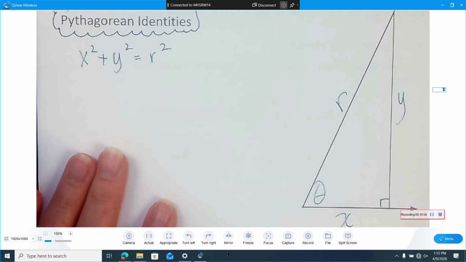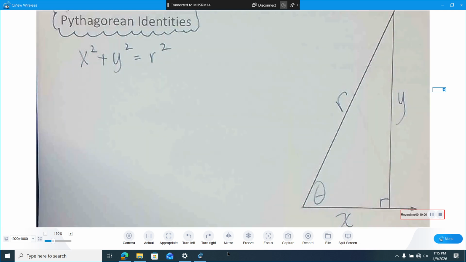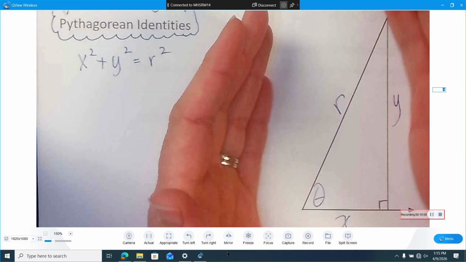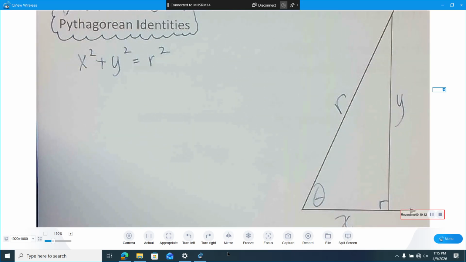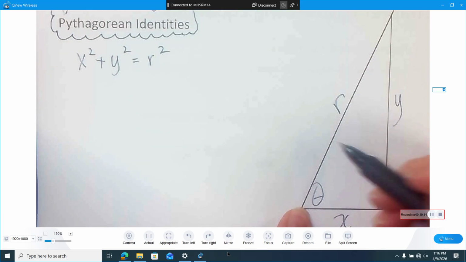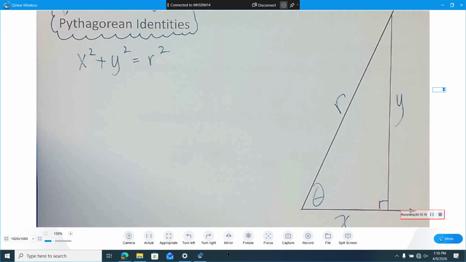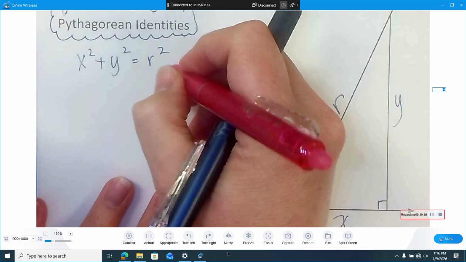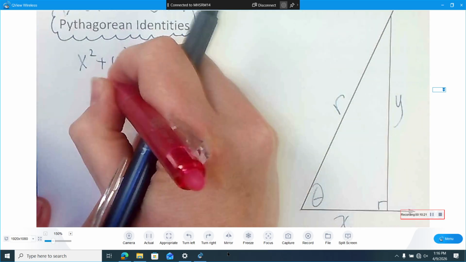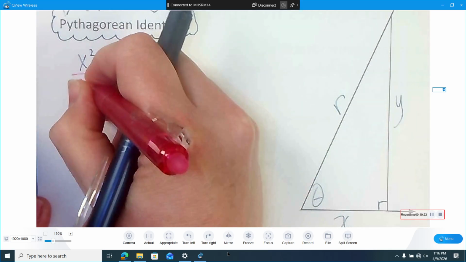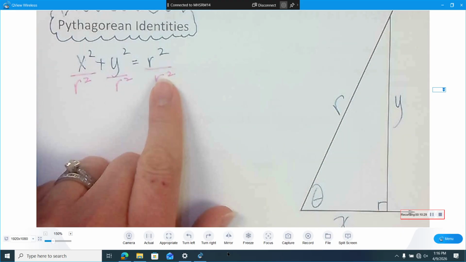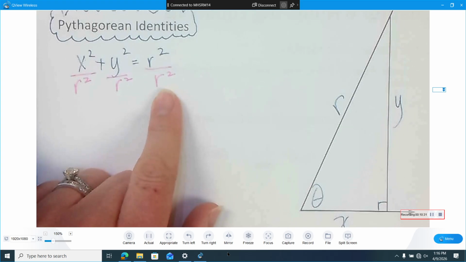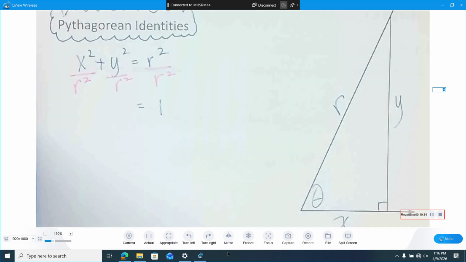Now, this is a very big triangle, but let's say I want to shrink it down to fit a unit circle. Well, then my radius in a unit circle is 1. So I'm going to divide everything through by r squared. What happens when I have r squared divided by itself? It's 1. Well, that's really handy.